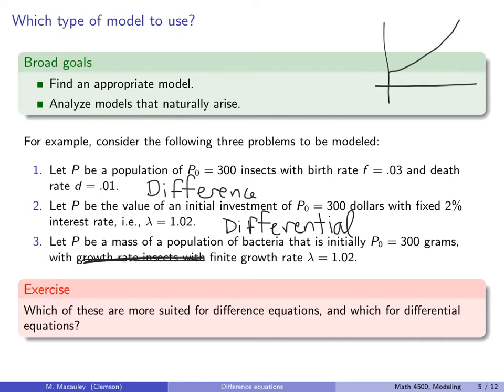So if we have a dish of bacteria, I'm going to assume that this is going to grow continuously, so that the bacteria is going to grow something like this, rather than like the insect world. So here, I'm going to also say differential. And I also can't say DIFF. So I'll say differential.